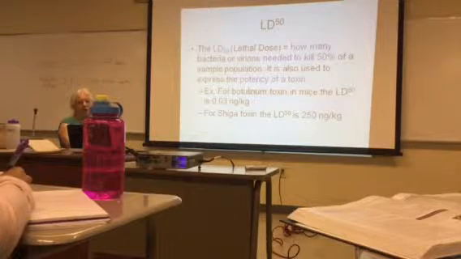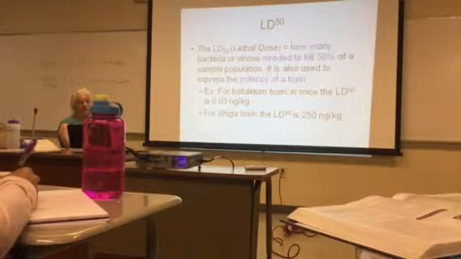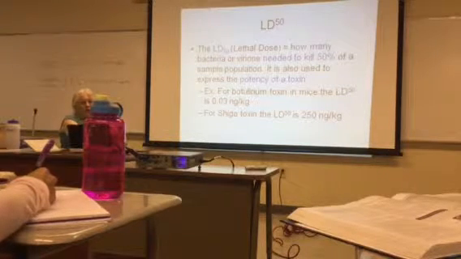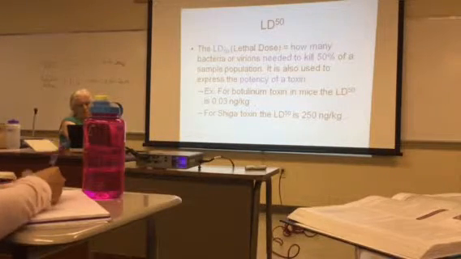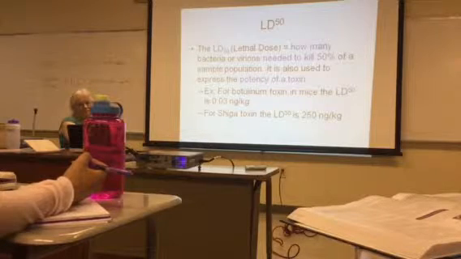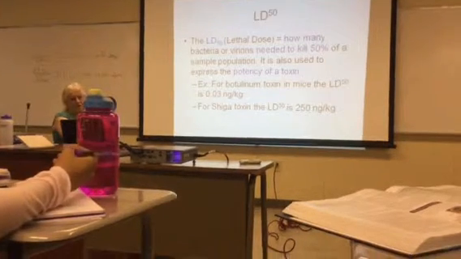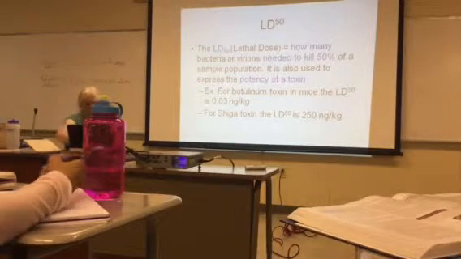For the Shiga toxin, the LD50 is 250 nanograms per kilogram. So which one of those is more potent, the botulism or the Shiga toxin? Botulism.